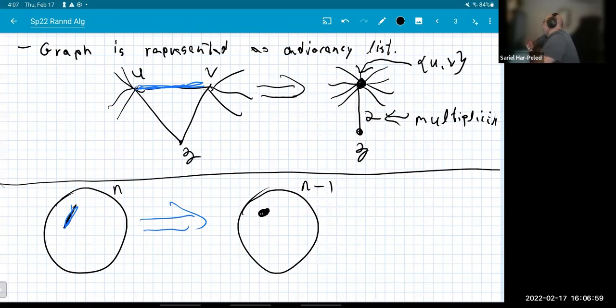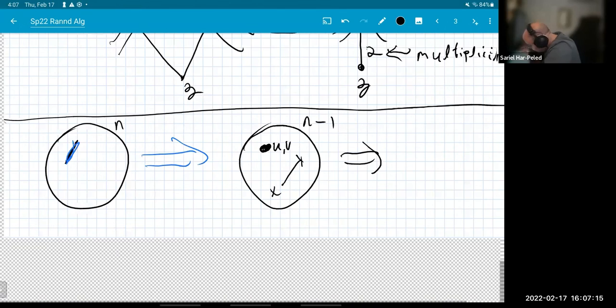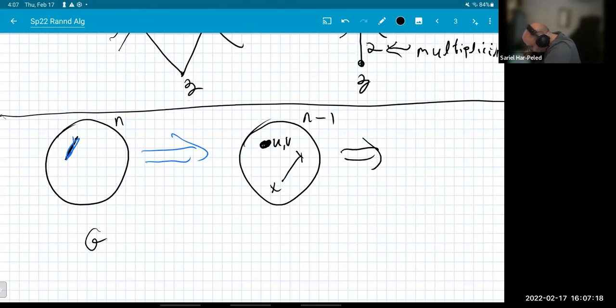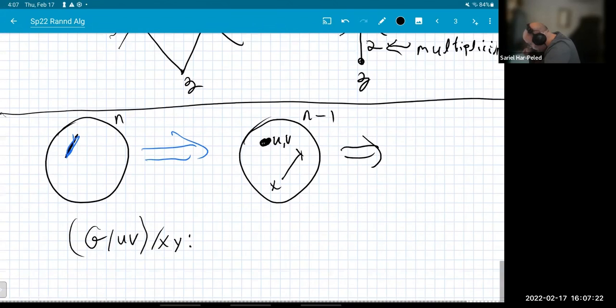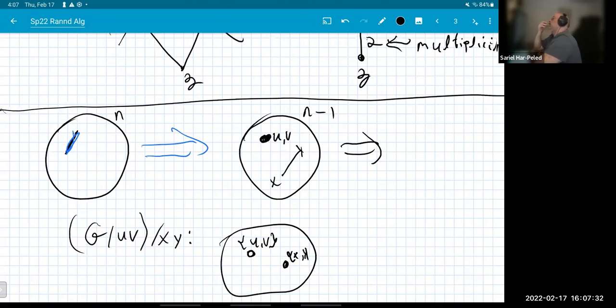And I can continue in this fashion, right? I can take some other edge and shrink it. Let's say this might be UV, this would be XY. After I contract XY, this would just be this, and so on, right?